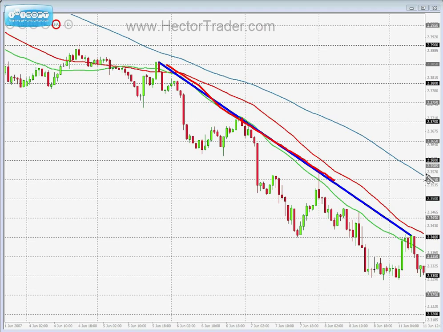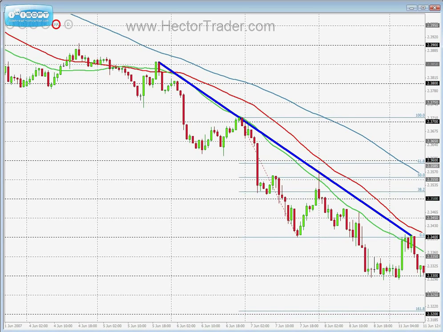We have the 235.50 round number, okay, right there. Also, you have the 50% Fibonacci level right there. You don't have a previous swing high because it comes up there, so that's not valid.